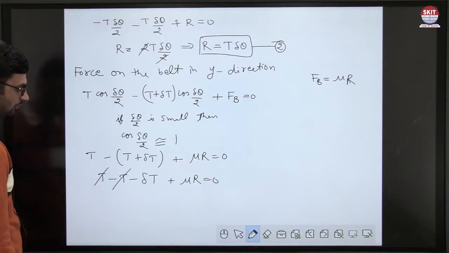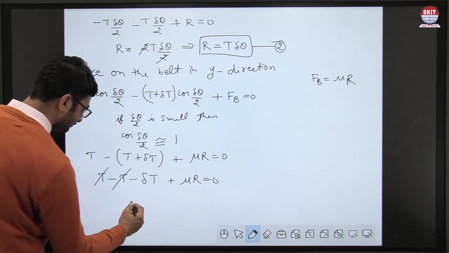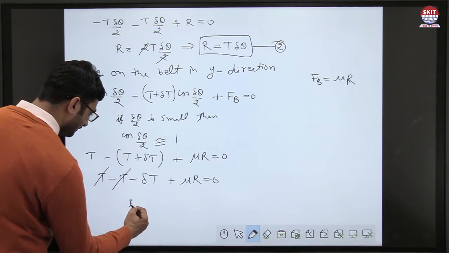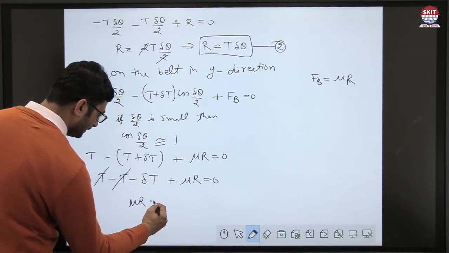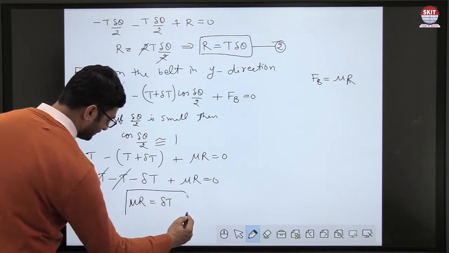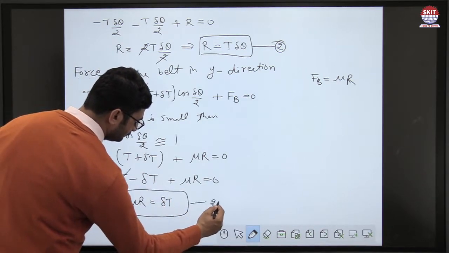This cancels out. So the value of mu R equal to delta T. This is equation number 3.